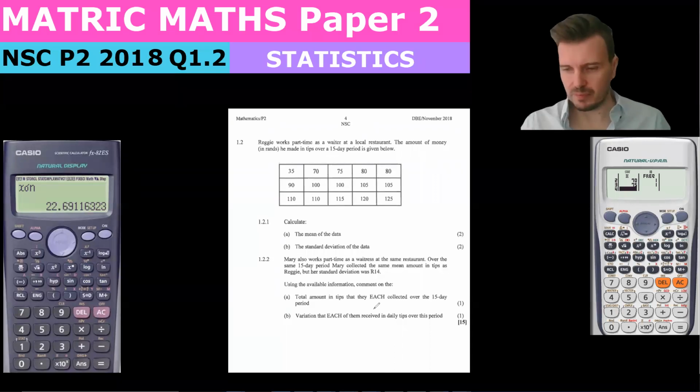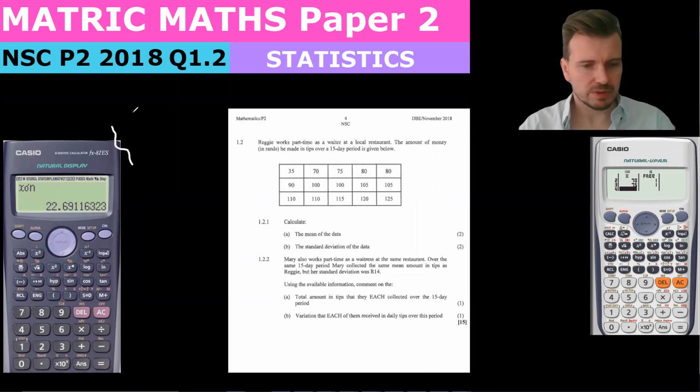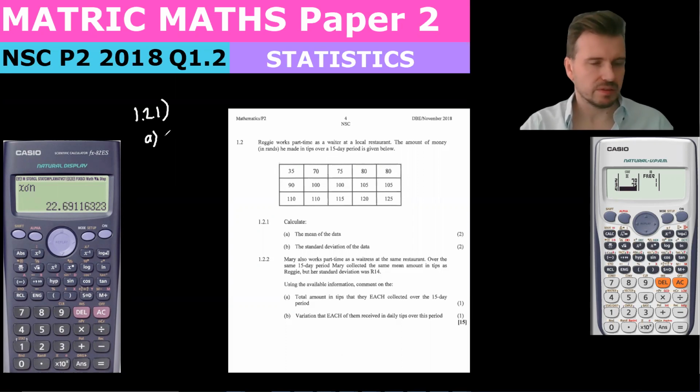So 1.2.1a: the mean is equal to 94,667. We got that off our calculator.